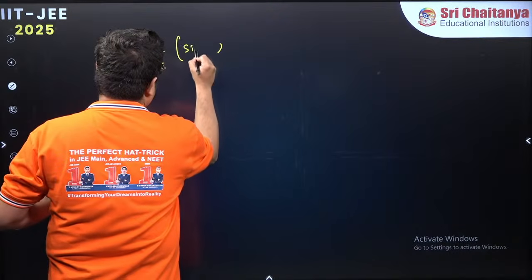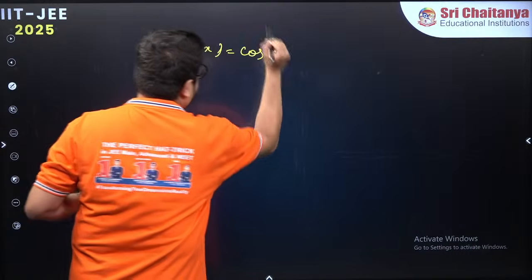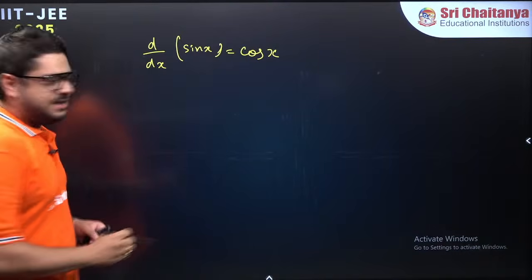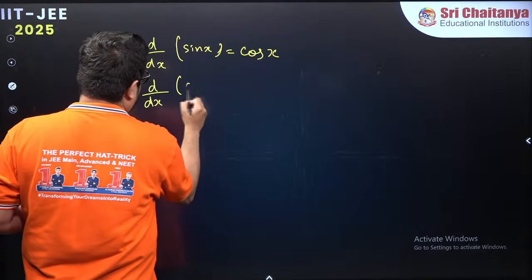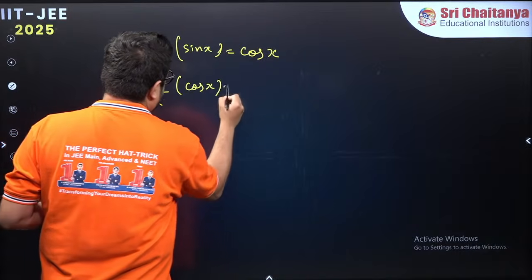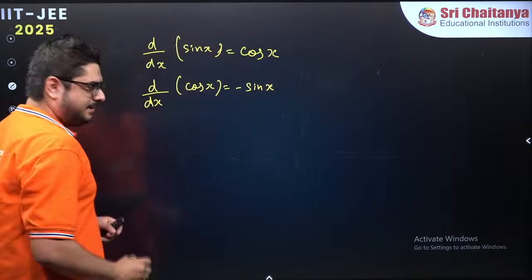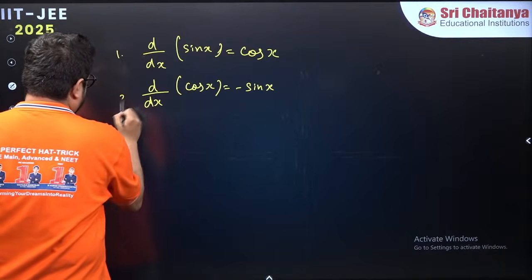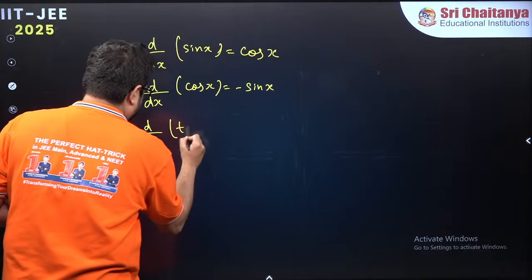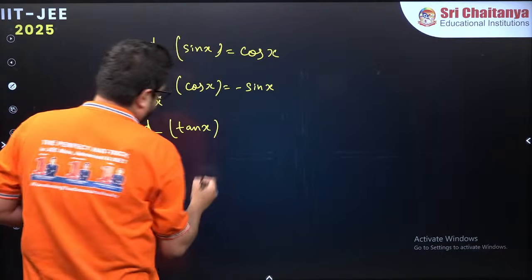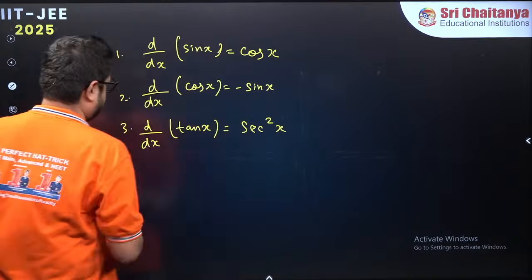So d by dx of sin x is going to be equivalent to cos x. Similarly, d by dx of cos x is going to be equal to minus sin x. Number 3, d by dx of tan x is going to be equivalent to sec square x.